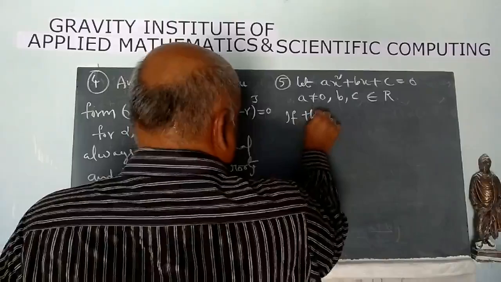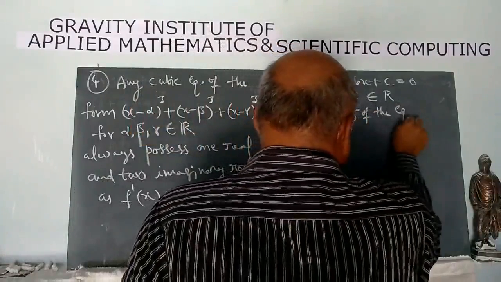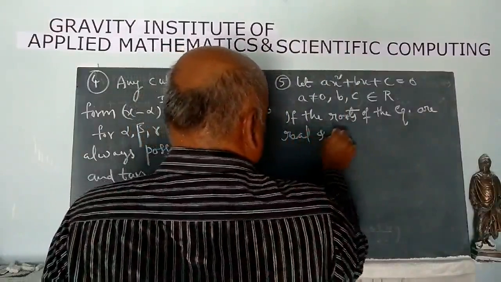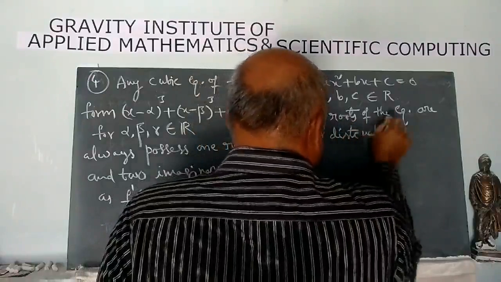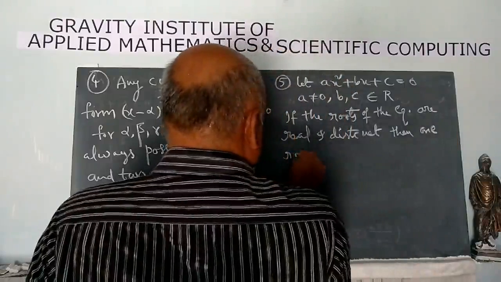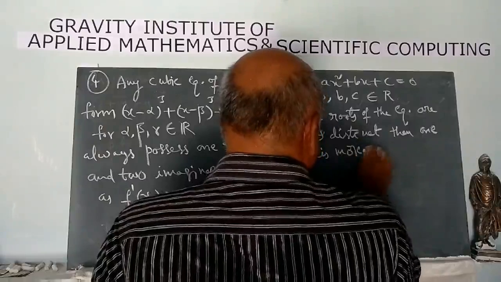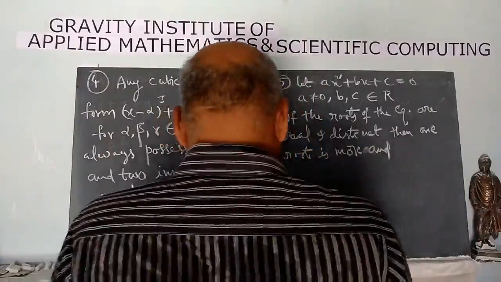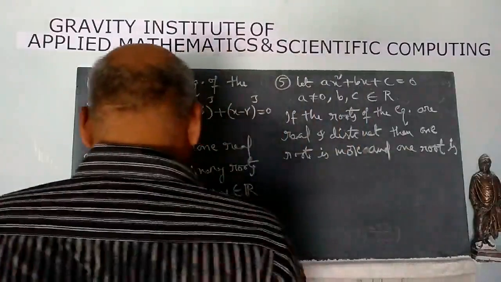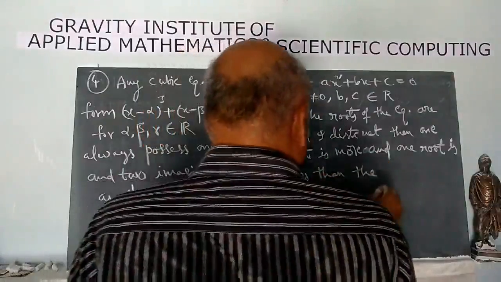If the roots of the equation are real and distinct, then one root is more and one root is less than the average of their sum.